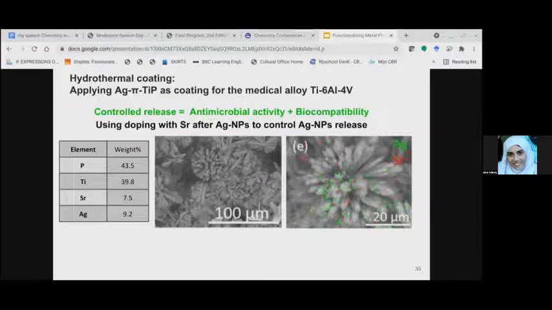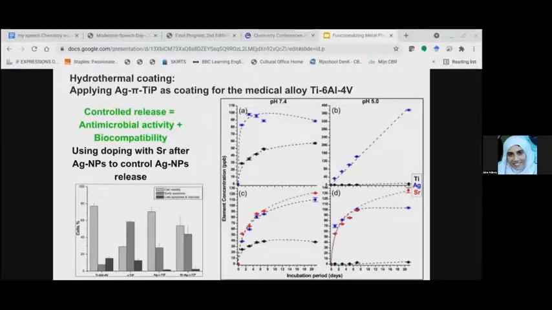And then in a two-step process, I did the hydrothermal treatment to enrich the surface with the silver nanoparticles, and afterwards doped the resultant surfaces with strontium in an attempt to control silver release. And I did some ion release profile analysis.